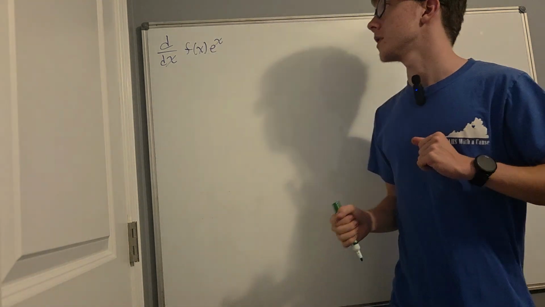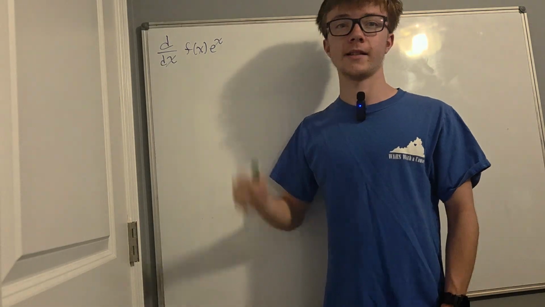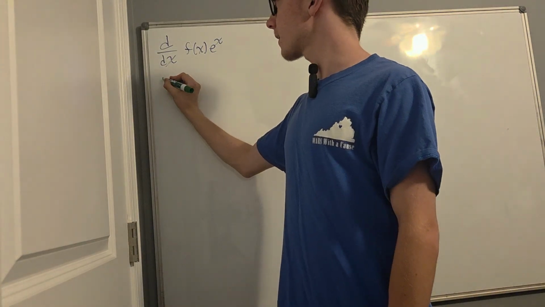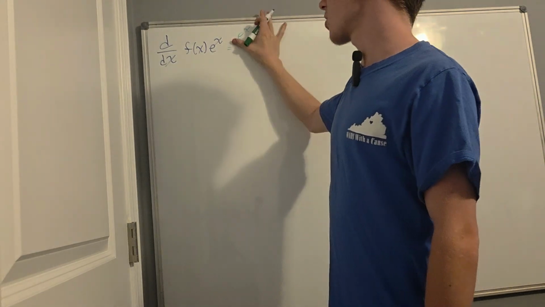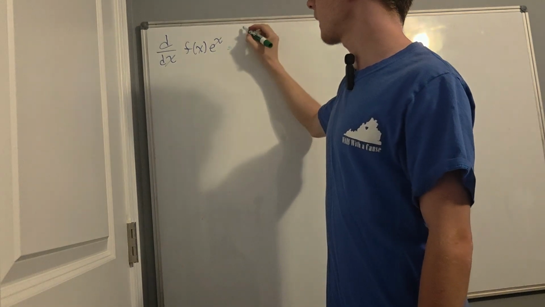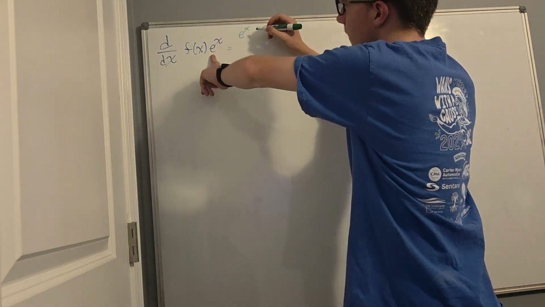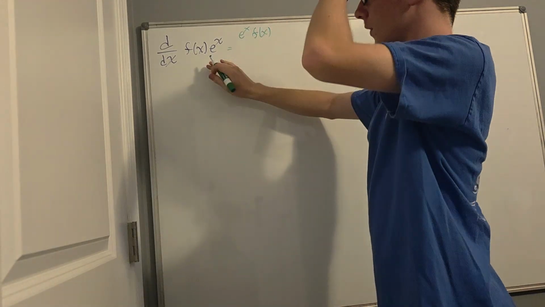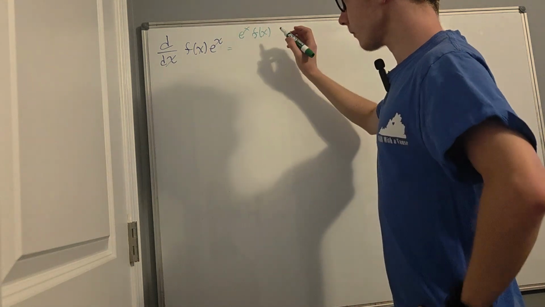The next one I want to do is the derivative of some function of x times e to the x. This is just a product rule. I like having e to the x first, so we put e to the x times f of x, because I usually start with the derivative of whichever one I want first for the product rule.